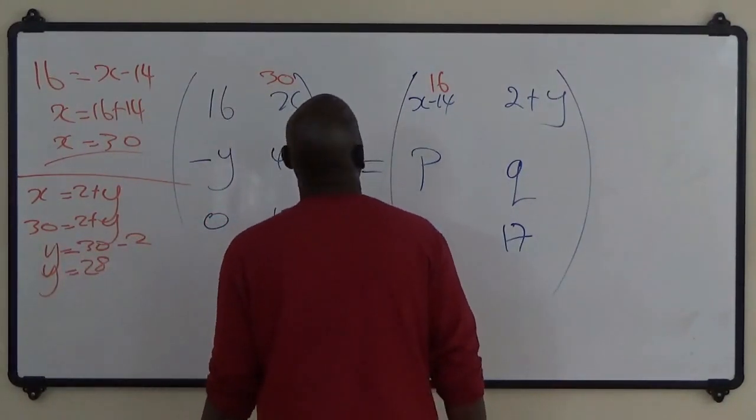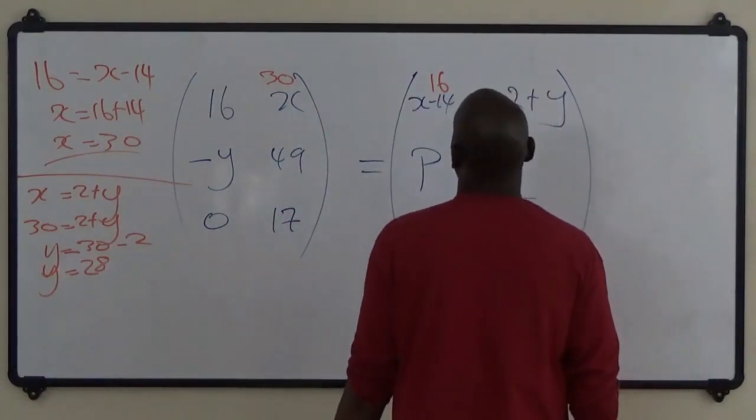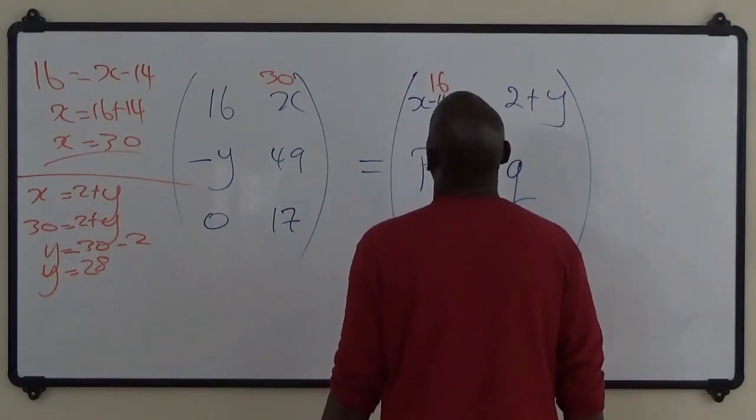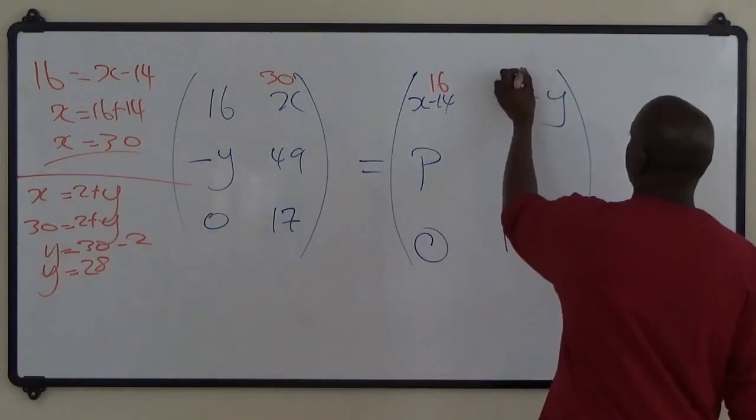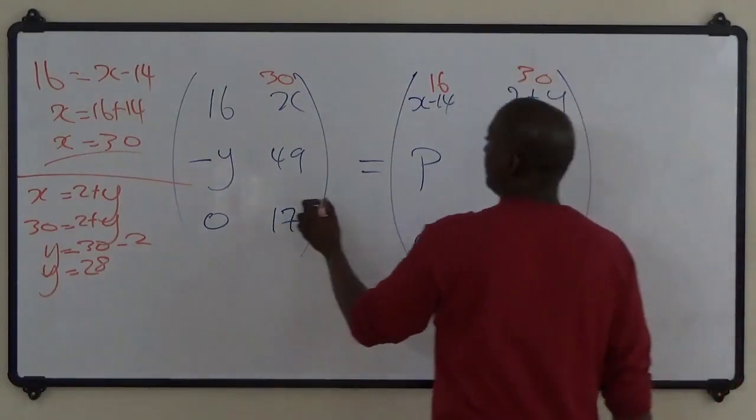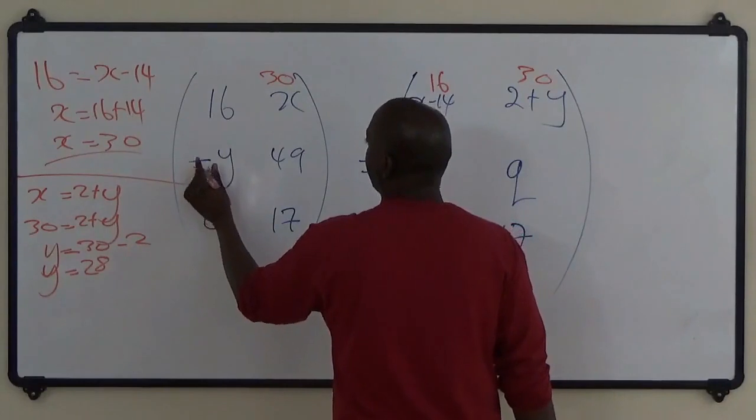All right? So if y is equal to 28, so this is 30 here. So this here would be minus 28.